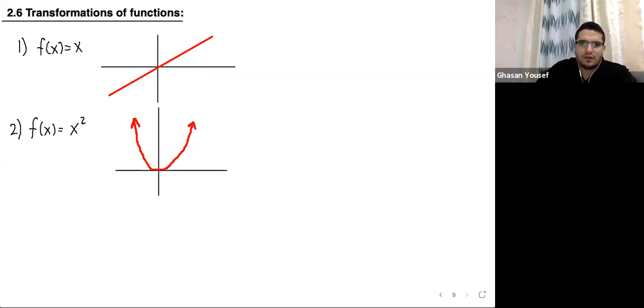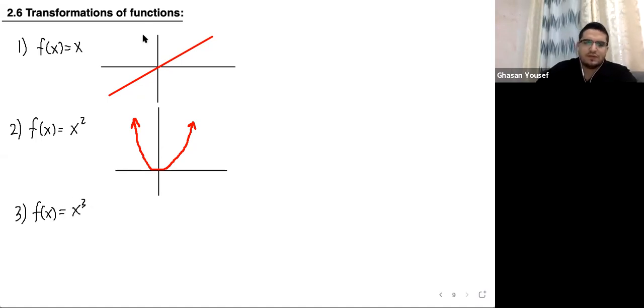Also, we learned how to graph the function of the form number 3, f of x equals x cubed.